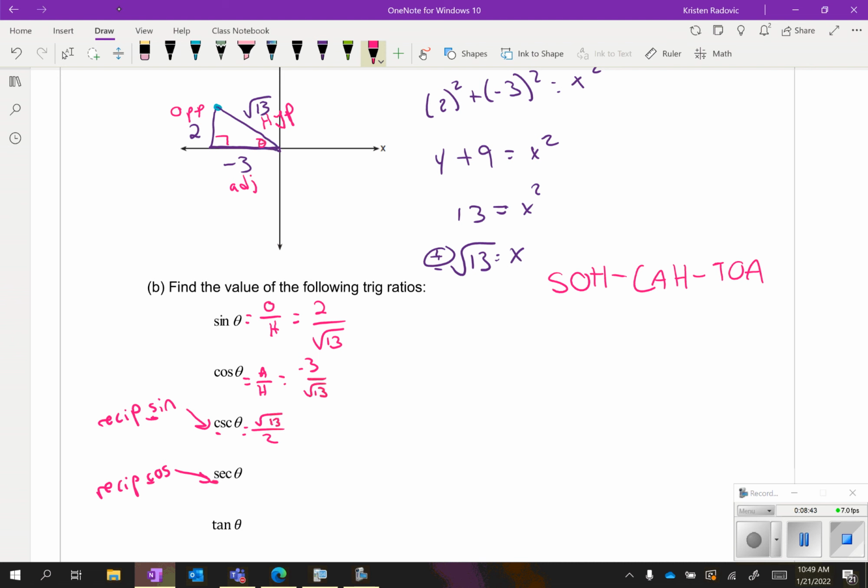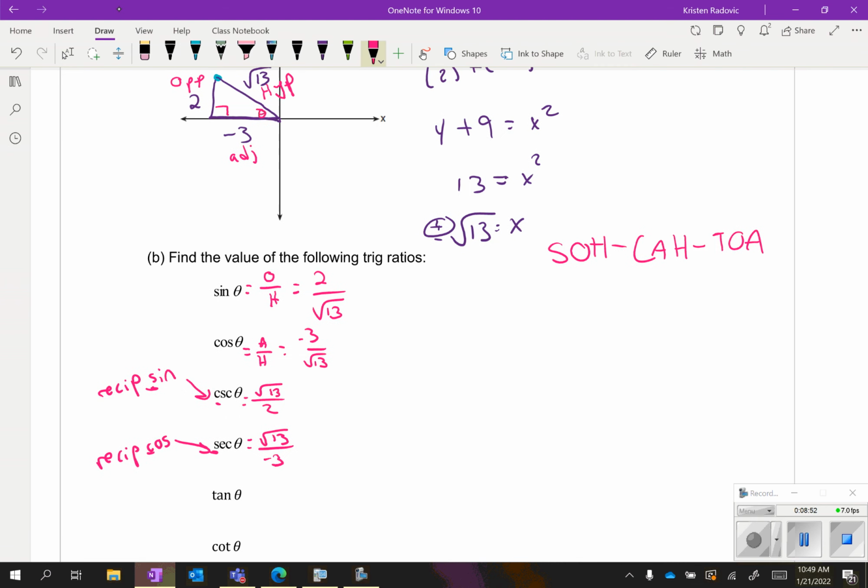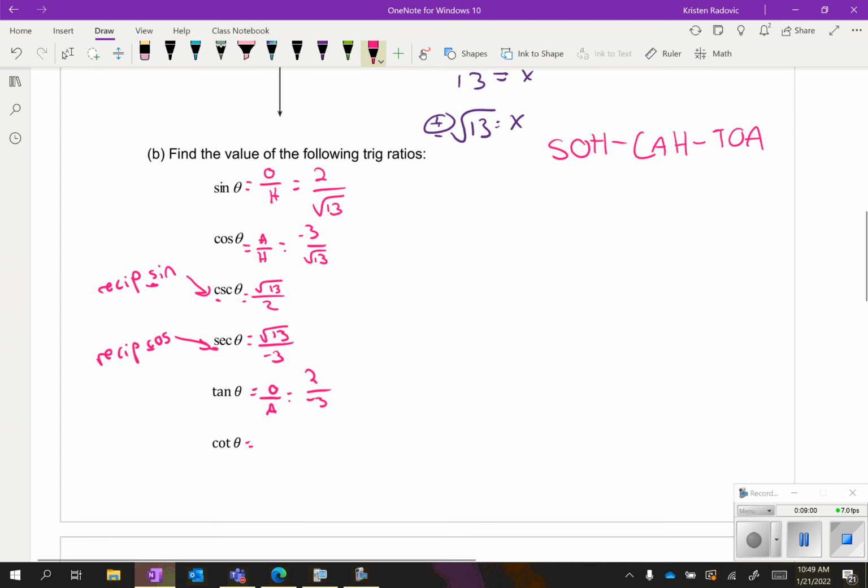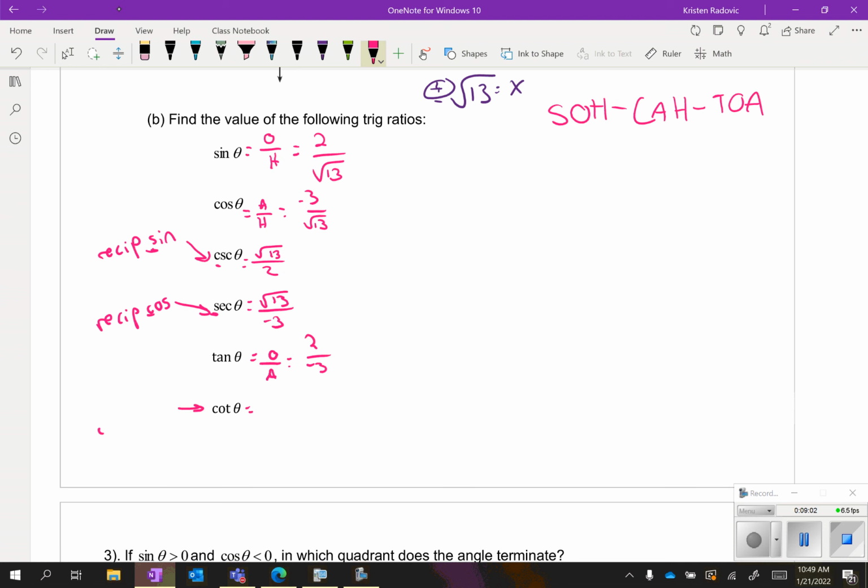So if cosine is -3 over radical 13, then secant is going to be radical 13 over -3. Tangent is opposite over adjacent, which is 2 over -3. And cotangent is the reciprocal of tangent. So that means cotangent is going to be -3 over 2.